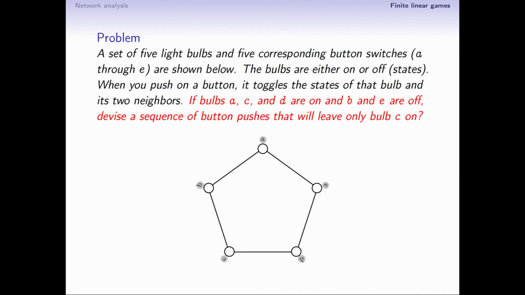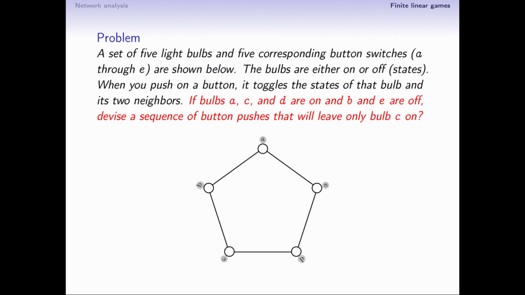All right. Now here's the problem. If bulbs A, C, and D are on and B and E are off, devise a sequence of button pushes that will leave only bulb C on.